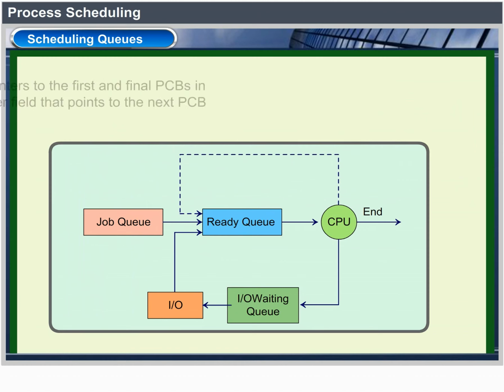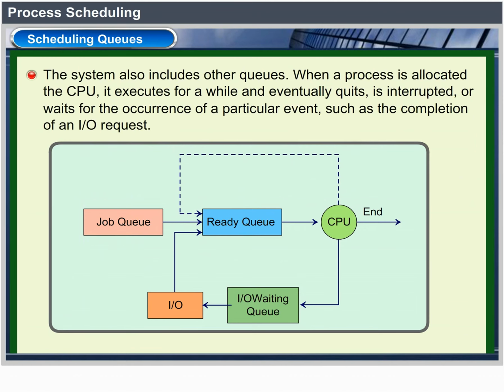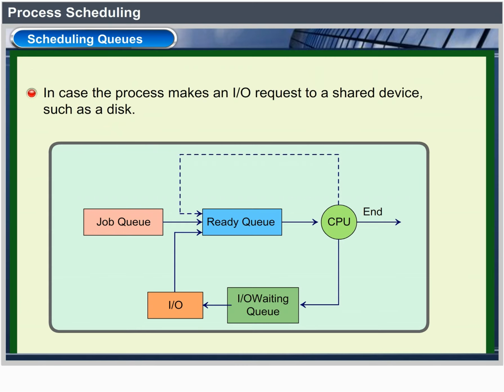The system also includes other queues. When a process is allocated the CPU, it executes for a while and eventually quits, is interrupted, or waits for the occurrence of a particular event, such as the completion of an input-output request. Suppose the process makes an input-output request to a shared device, such as a disk.